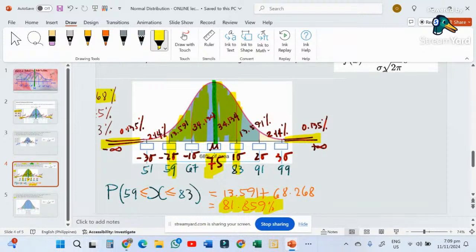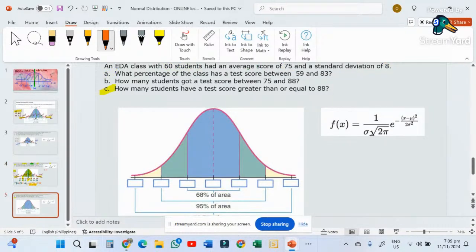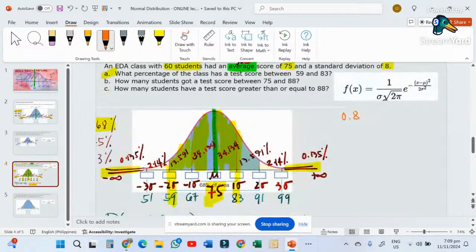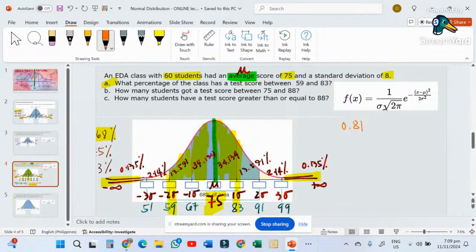If you're going to ask maybe how many students there are, you just have to multiply 0.81859 by 60 and you get the number of students. Let's calculate.